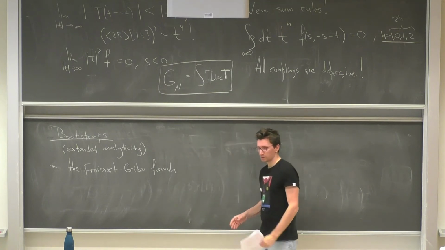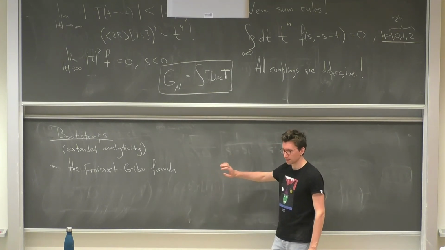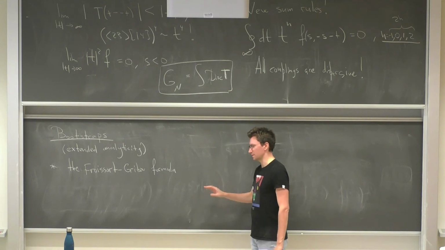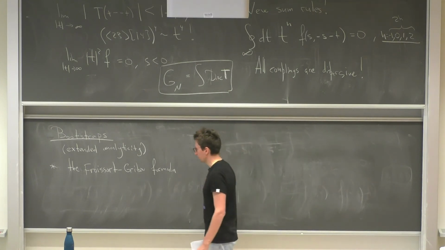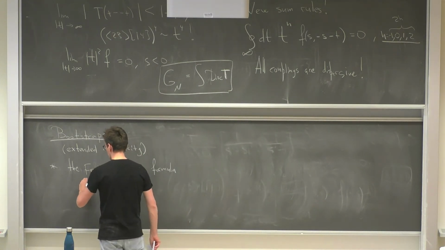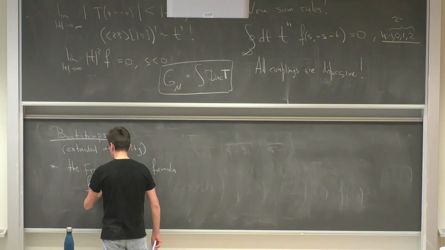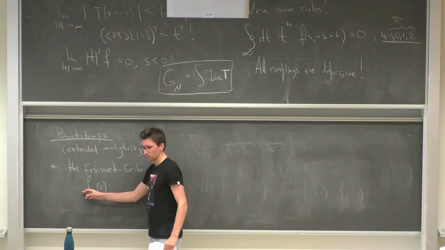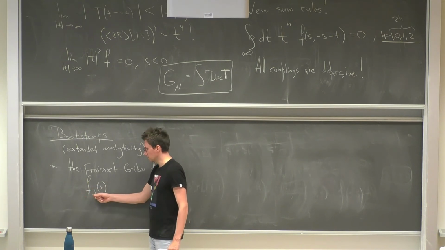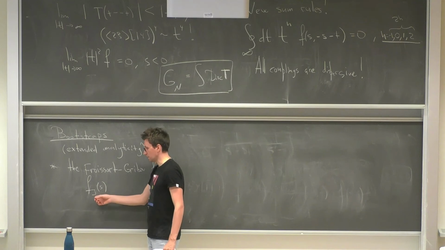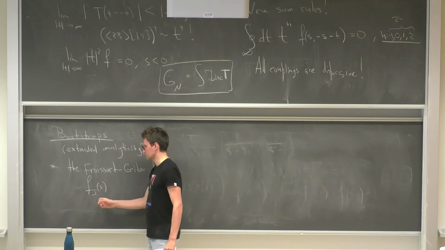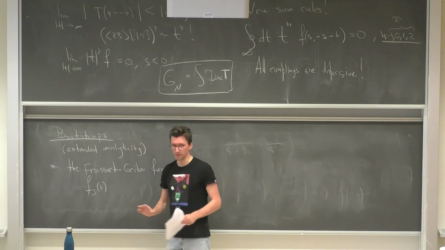This formula is an expression of the following fact, which is believed to be true in all theories, in quantum field theory, in gravity, in CFTs, etc. Before, when we were discussing these f_j of s, these partial waves which encode all the information, the j took integer values, 0, 1, 2, 3, 4, 5. And a priori, you could have thought that these functions with different spin have nothing to do with each other.